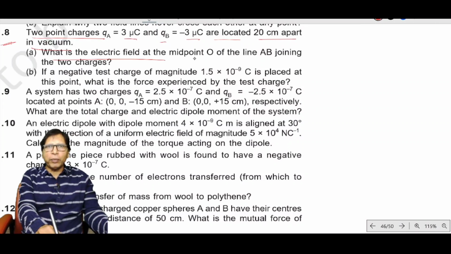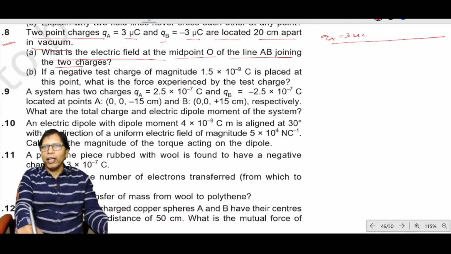What is the electric field at the midpoint O of the line AB joining the two charges? This is very simple. This is the charge QA, equal to 3 microcoulomb, and this is QB, minus 3 microcoulomb. Now we have to calculate the intensity at the midpoint.